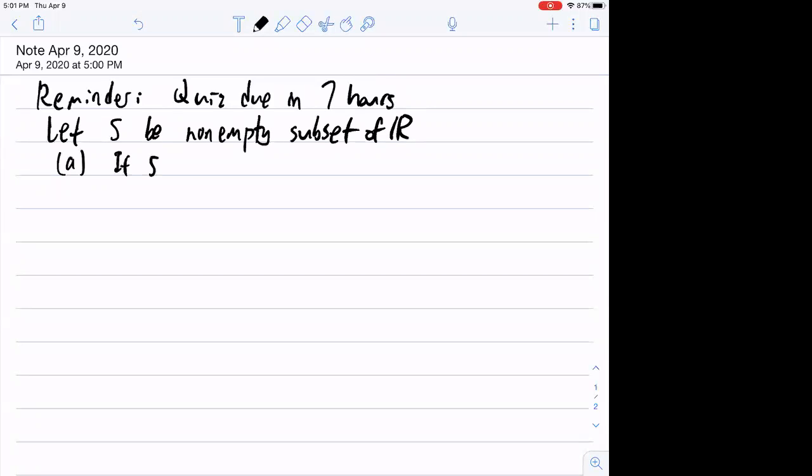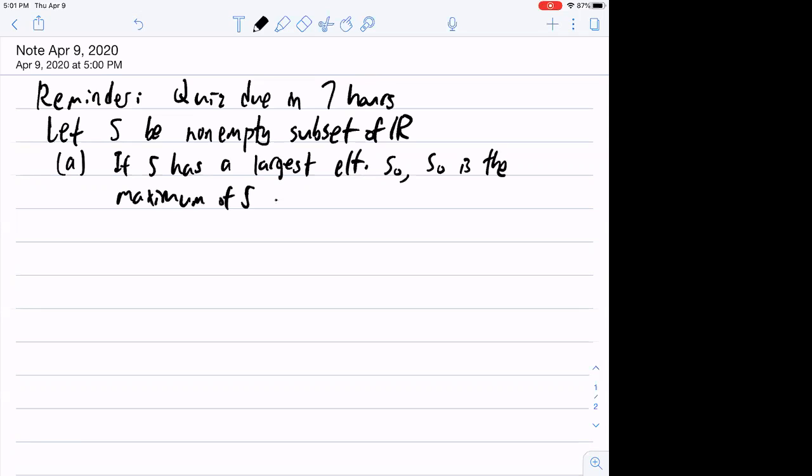If S has a largest element, S naught, then S naught is the maximum of S. Basically we write, this is like shorthand notation, S naught is max S.